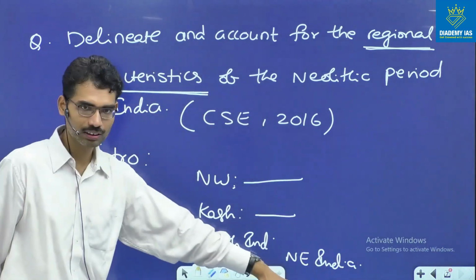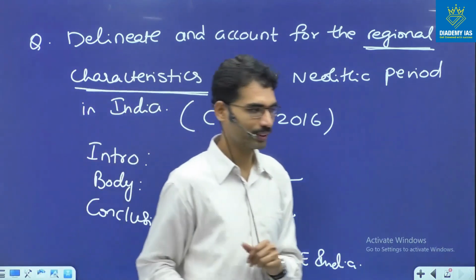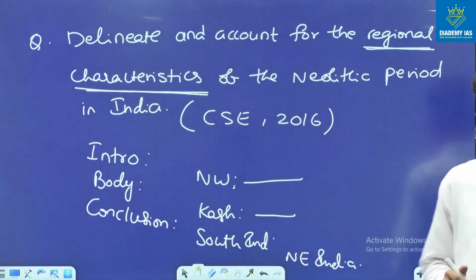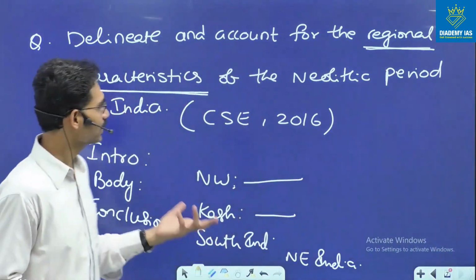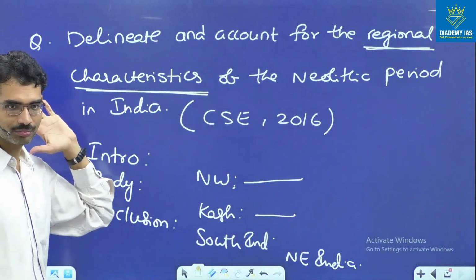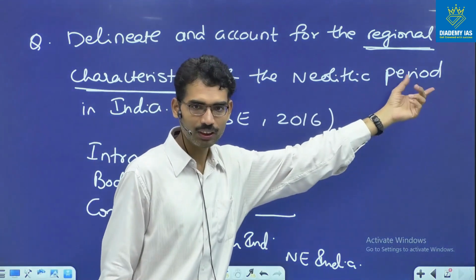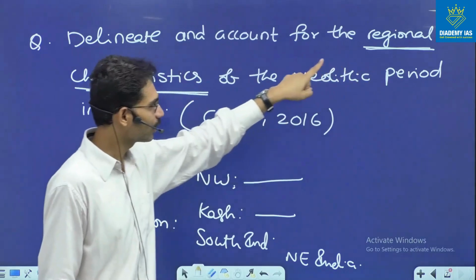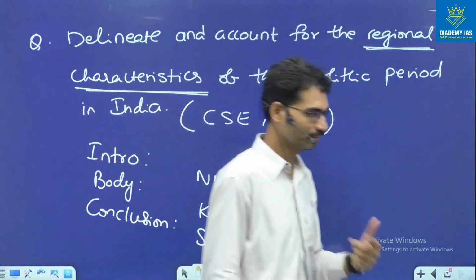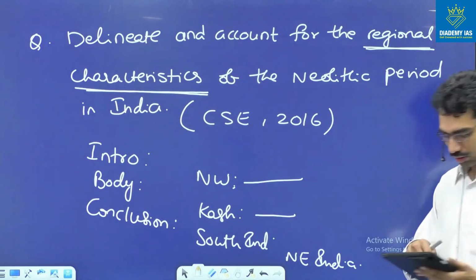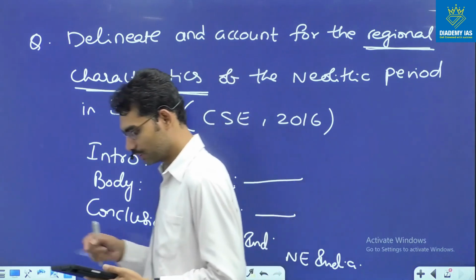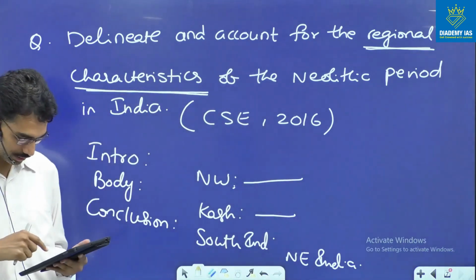I will give the answer also so that you will have both references. Same, because it is talking about regional characteristics only. You are only going to bring the term regional in the introduction. That I will give. We have to use the same terminology, whatever UPSC is asking in the question.